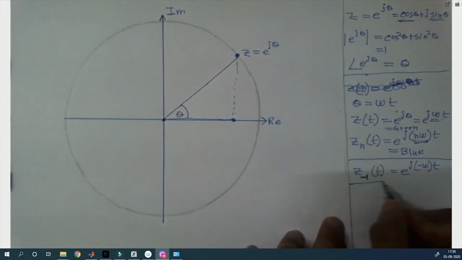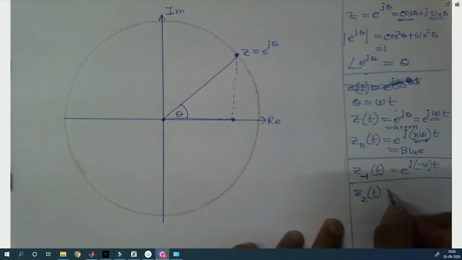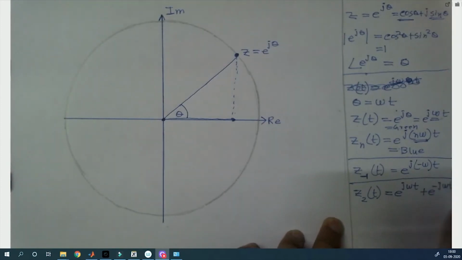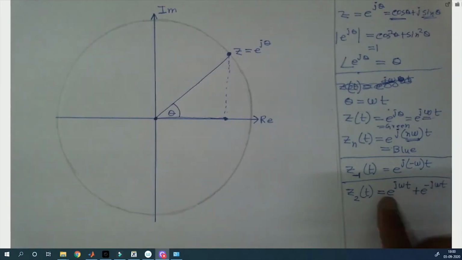Now let us consider another complex function of time, call it z2 of t, which is a sum of two complex functions, e to the power j omega t plus e to the power minus j omega t. Now it has two parts.